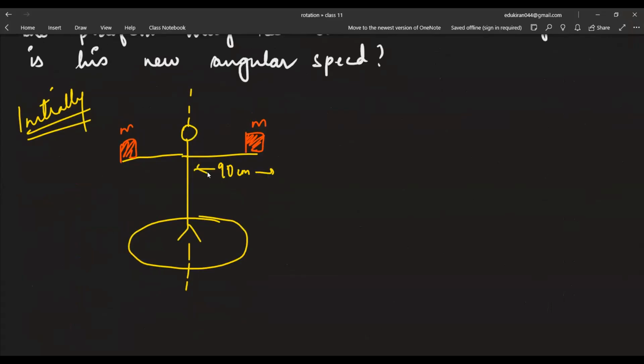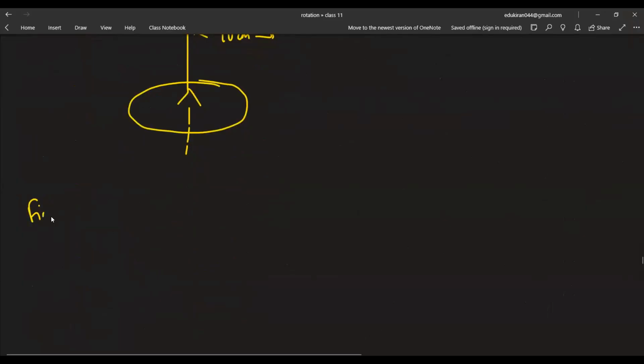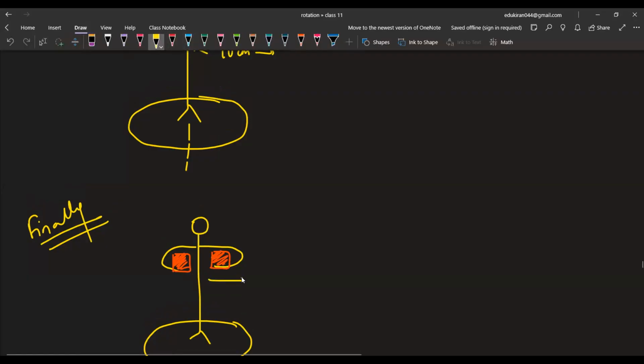Finally, in the second case, the person is standing on this rotating platform but has brought the arms closer to his body, with both weights still held in each arm, but now the distance has been reduced to 20 centimeters.